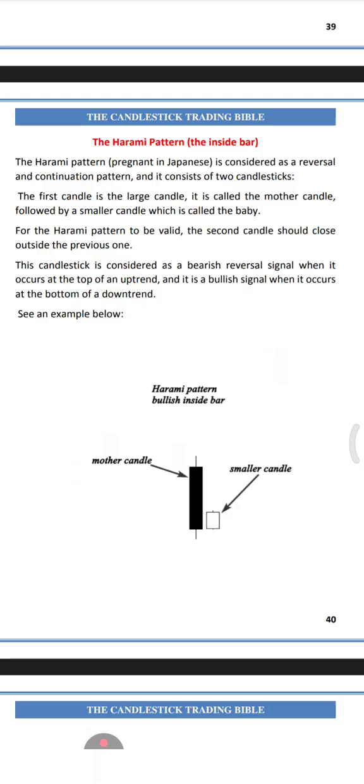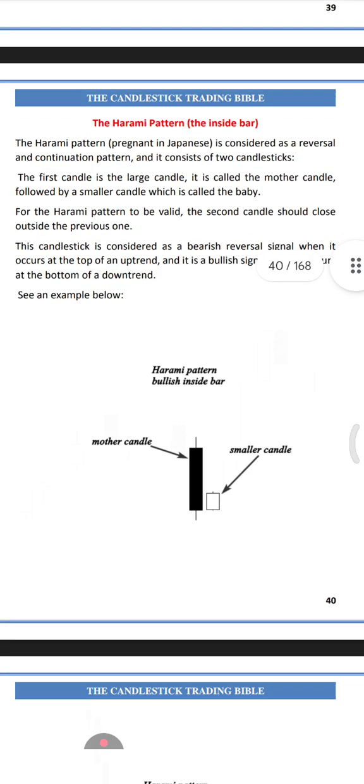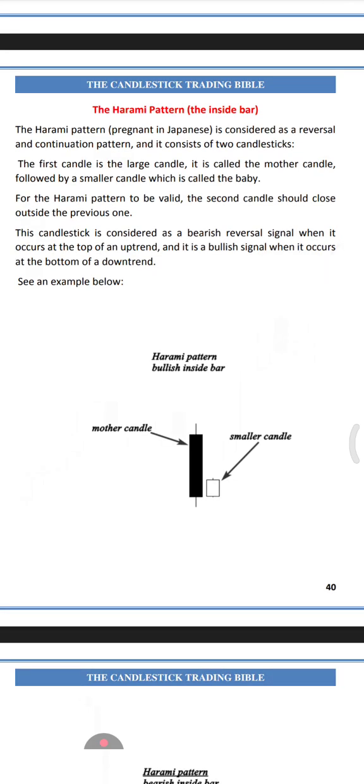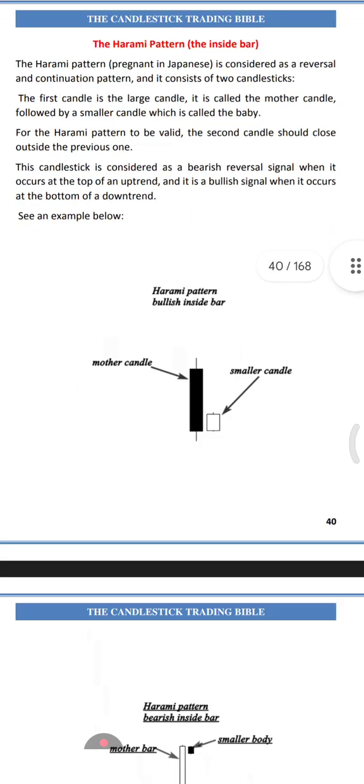You realize that the sellers couldn't close the price below, so the buyers were able to push the price up. So it indicates that the strength of the sellers has been affected, and there's a likelihood that the buyers are going to overpower them.